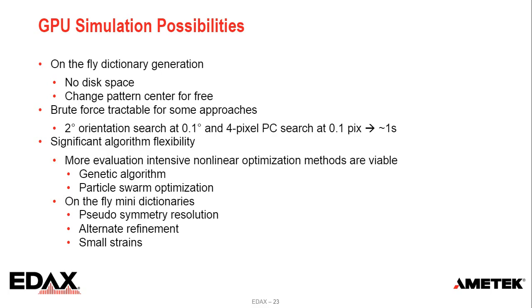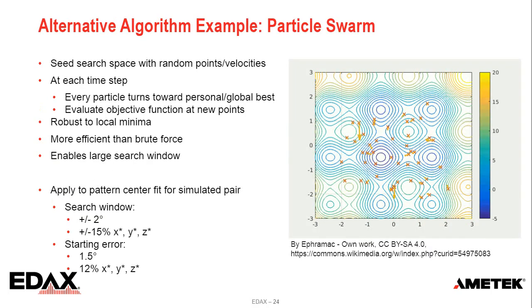So I'm going to show an example with this particle swarm optimization algorithm, which is a pretty commonly used approach. And the idea is that instead of just doing a brute force grid or something that is very parsimonious like the BobaQA, you seed your search space with a bunch of random points and then give them each a random velocity.